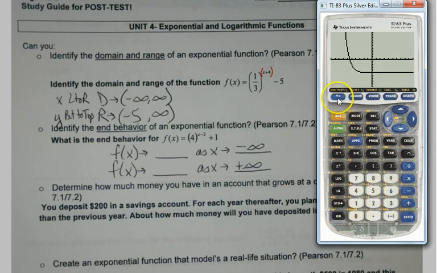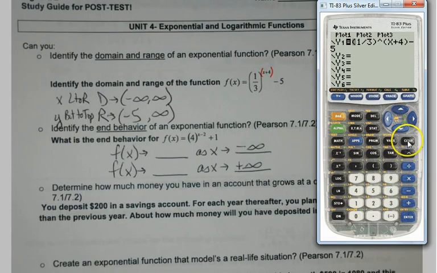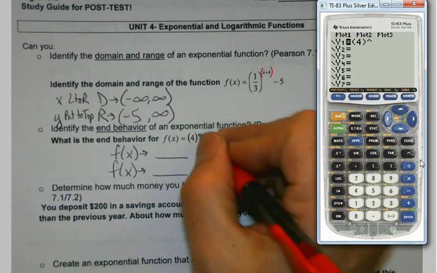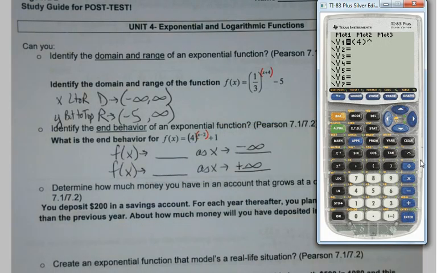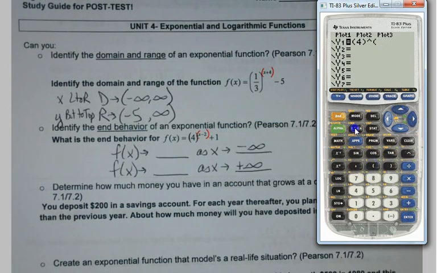So I get into my y equals, and again, like we did before, if we have a binomial in the exponent, we have to make sure that gets into parentheses.